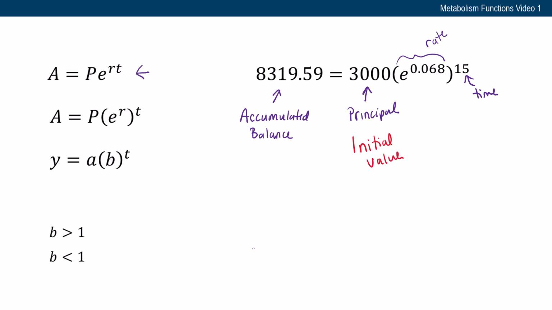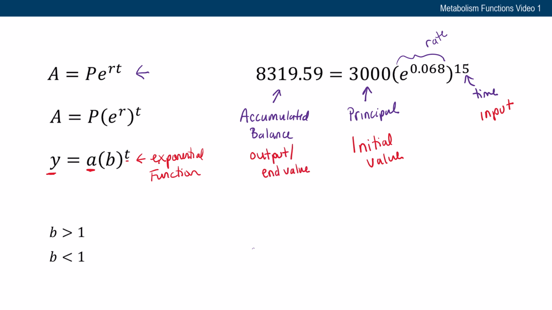In general, this right here is our exponential function, and A represents our initial value. Next, we have our inputs and output. Time is typically our input, that's our T over here, and Y is going to represent our output.